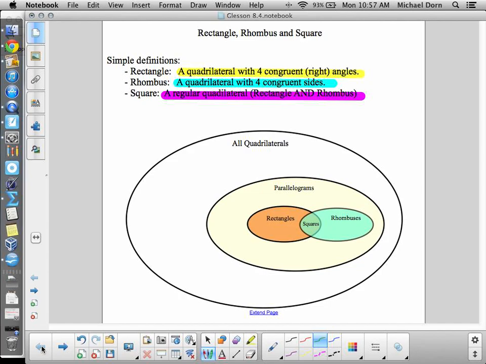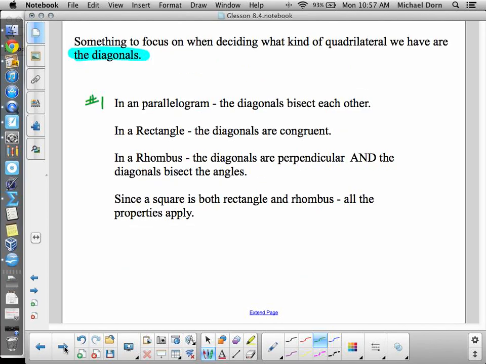We don't know enough yet. But we start by determining if it's a parallelogram or not. Because if it's not a parallelogram, there's no sense even checking to see if it's a rectangle, rhombus, or square. It can't be. So if the diagonals don't bisect each other, which means they don't have the same midpoint, then it's no good. So we start with the midpoint formula.